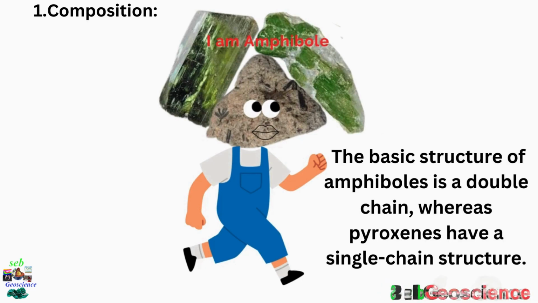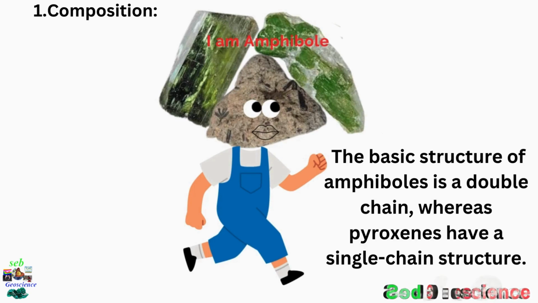The basic structure of amphiboles is a double chain, whereas pyroxene has a single chain structure. That is how to differentiate amphiboles and pyroxene: amphibole is a double chain, whereas pyroxene is a single chain silicate mineral.